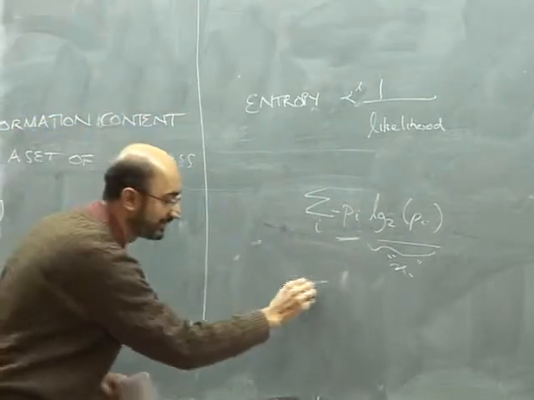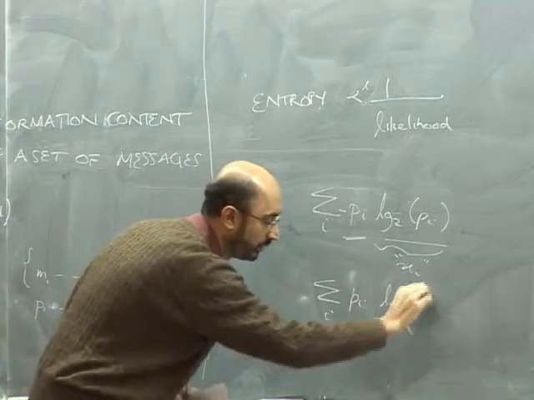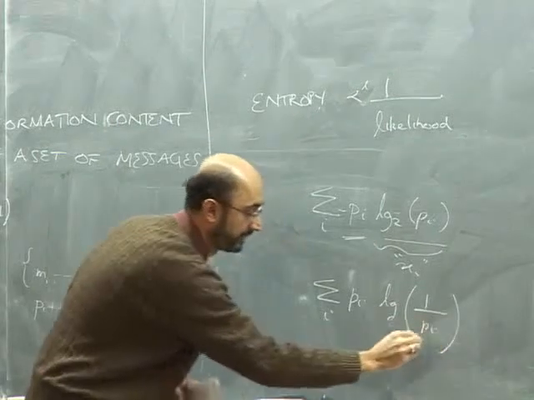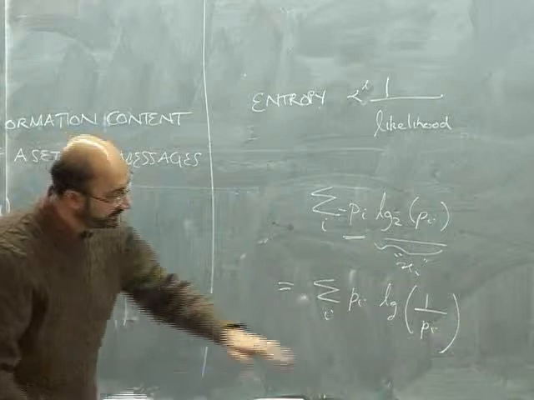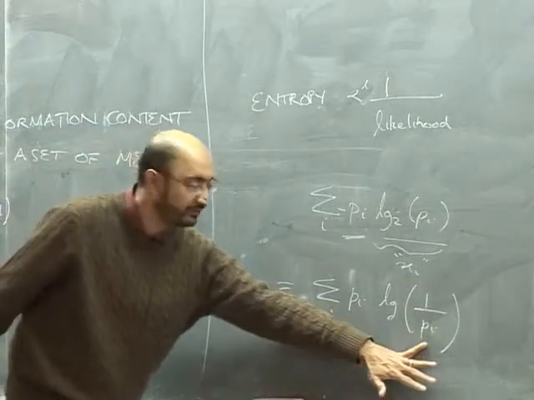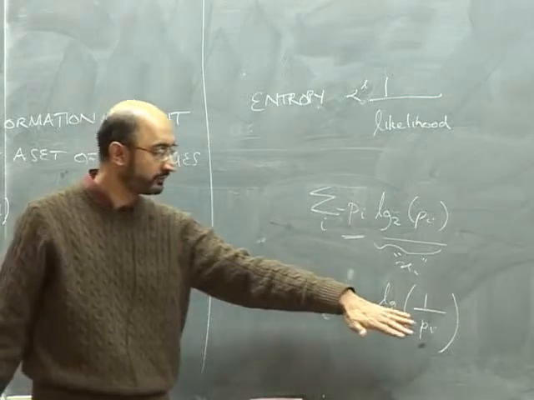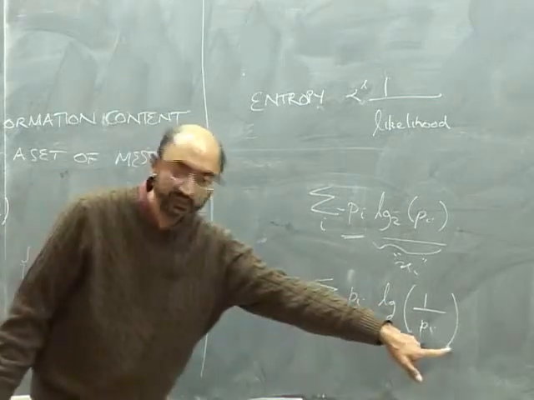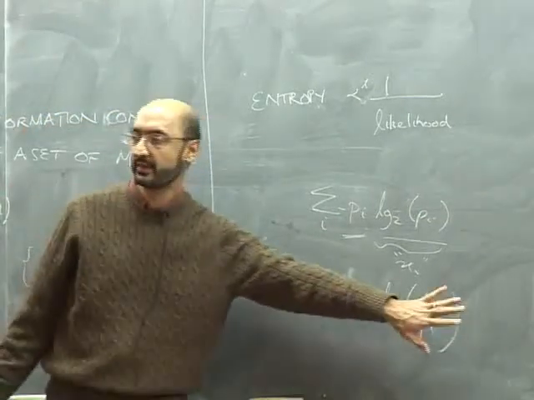So I can rewrite this as sigma over i of p sub i log of 1 over p sub i. What we're saying is that the more unlikely the message, the greater the value 1 over p sub i, and so the more entropy associated with that particular message, and then on average it's going to be p sub i times whatever that value is.